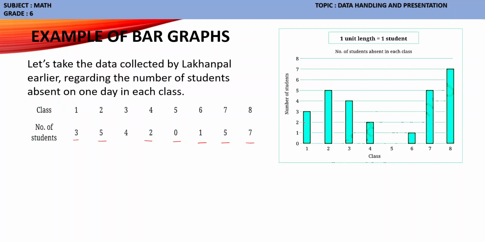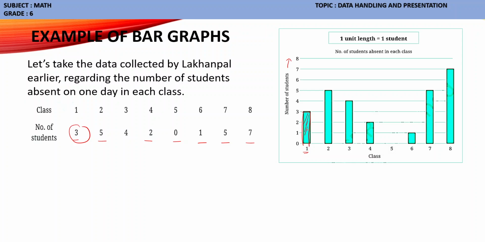See, in the representation in the form of a bar graph, on the x-axis we are considering the class. On the y-axis we are considering the number of students absent. Grade 1, how many students were absent? 3. So, we are representing this in the form of a rectangular bar.